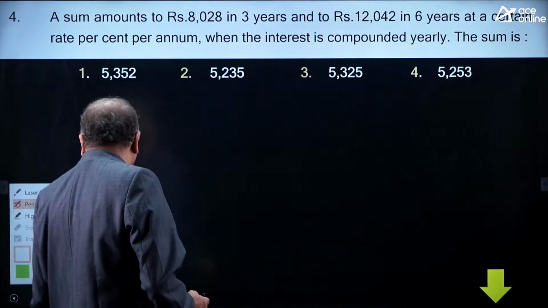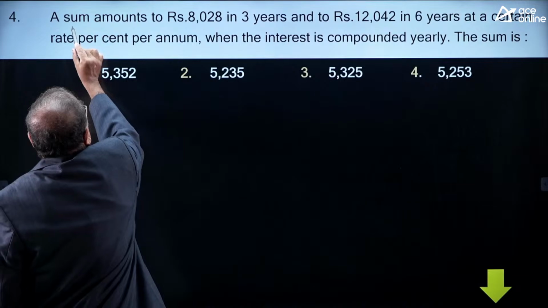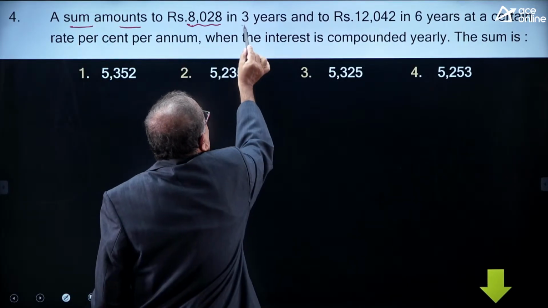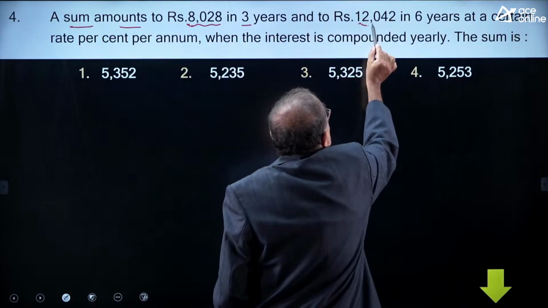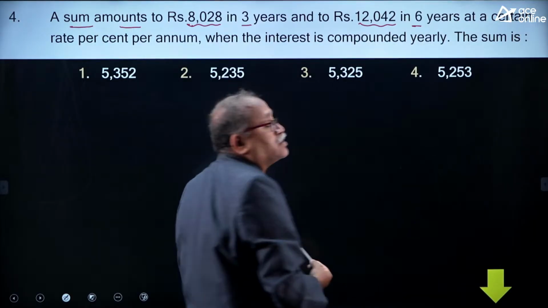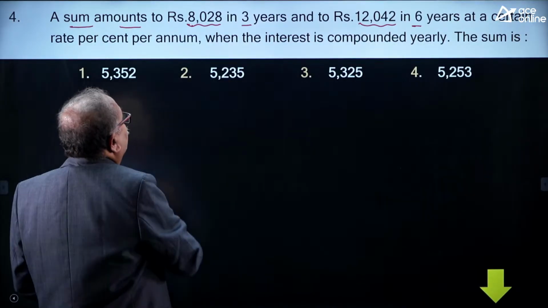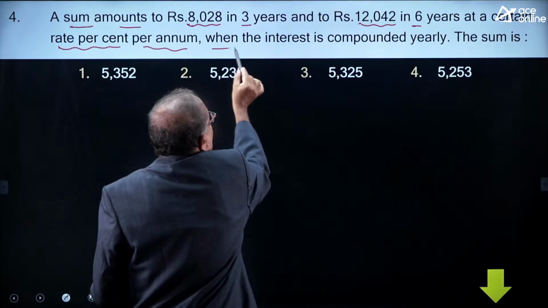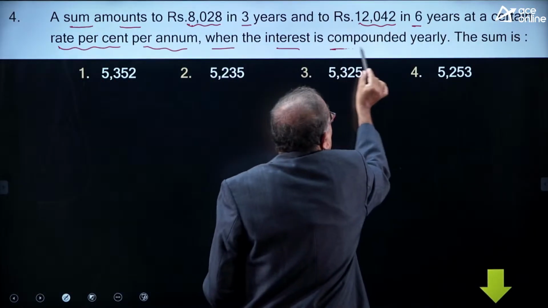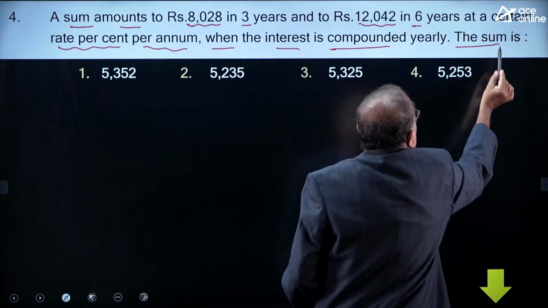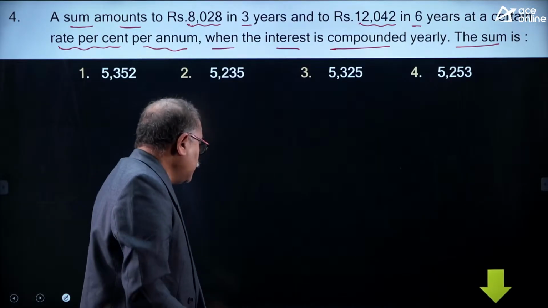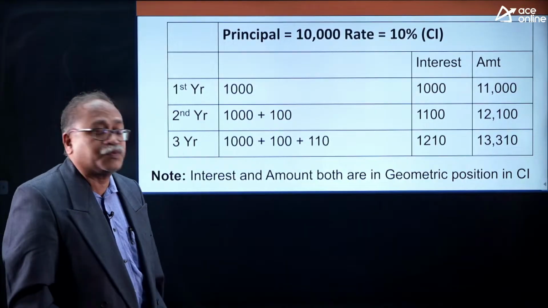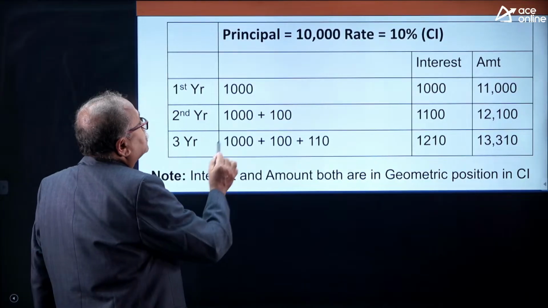What is this question? Here it says that a sum amounts to rupees 8,028 in 3 years and 12,042 in 6 years, at a certain rate of interest per annum, when the interest is being compounded. Find the sum. So here I would like to throw the concept which you are expected to know to answer this question.